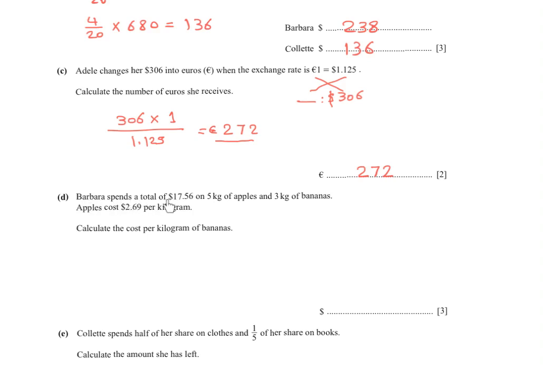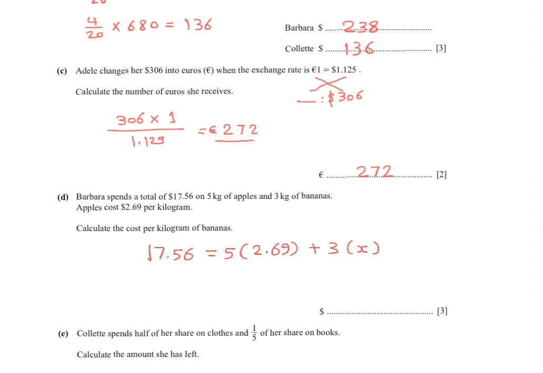Barbara spends a total of 17.56 on 5 kilograms of apples and 3 kilograms of bananas. Apples cost 2.69 per 1 kilogram. Calculate the cost per kilogram for bananas. The total 17.56 equals 5 times 2.69 plus 3 times x, where x is the price of 1 kilogram of bananas.